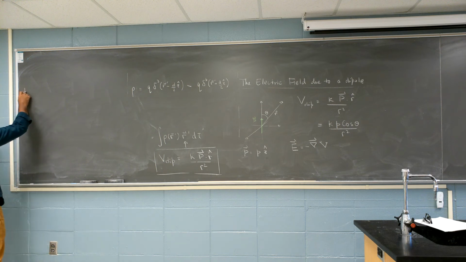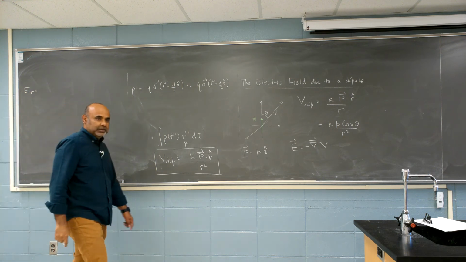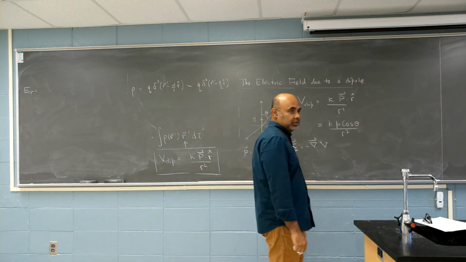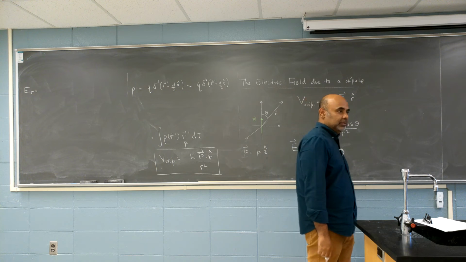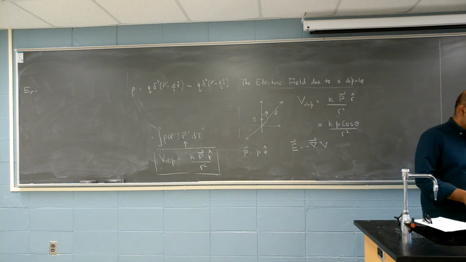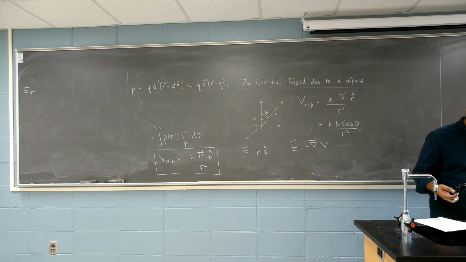Look up the formula for the radial component of the gradient in spherical coordinate system, and what do you get? I think it's just partial with respect to R. And then the next one's 1 over R partial with respect to theta.